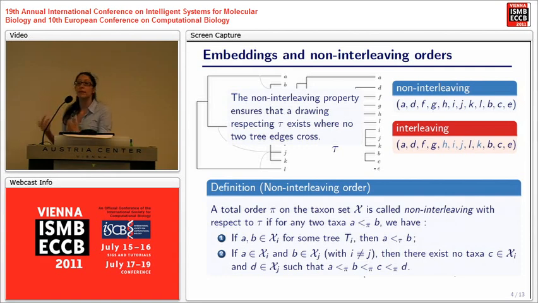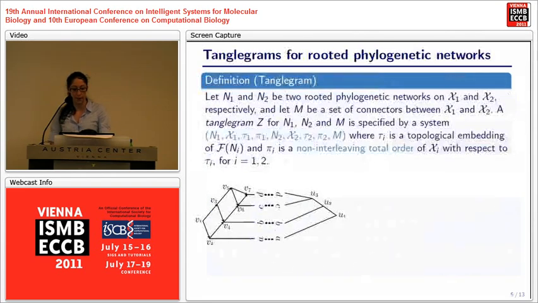So this is why I need a non-interleaving property, because if I don't have any reticulate edges, I am in the case of trees. The non-interleaving property then gives me the possibility of not having any edge crossing. So the definition that I will give you in the next slide, when I am interested in trees, is the same as in the literature before. And we all know how important it is to continue with the good definitions and not change them.